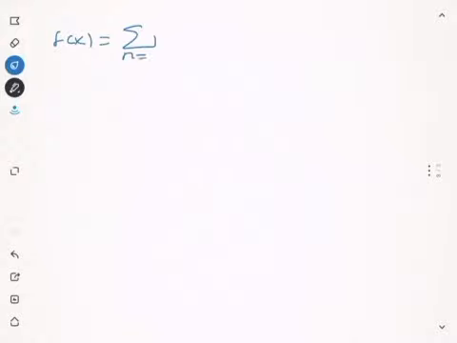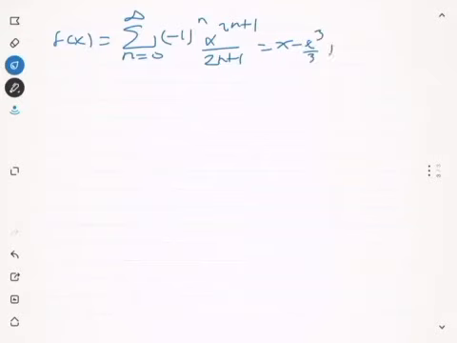So the power series is the series that goes from 0 to infinity, minus 1 raised to the n power, x to the 2n plus 1 divided by 2n plus 1, which you can write as x minus x cubed divided by 3 plus x to the 5th power divided by 5 minus blah blah blah. Then we're going to go ahead and take the derivative. We're trying to find f of x. We just have the series for it, but we're going to take the derivative of that series.